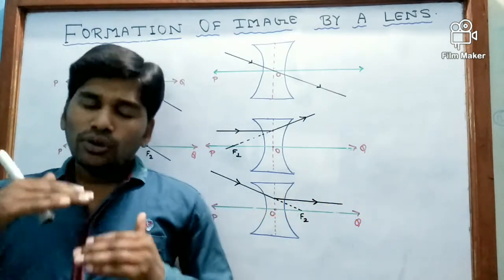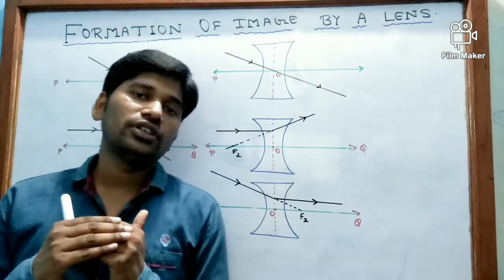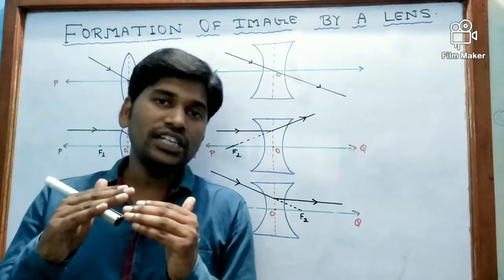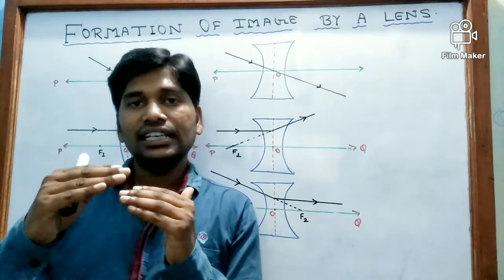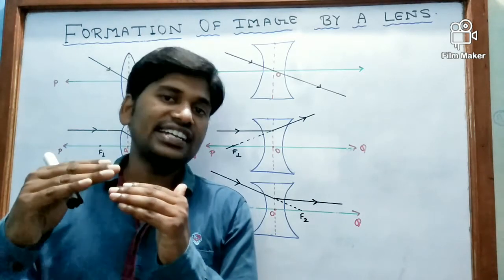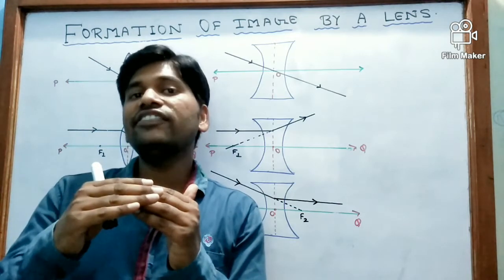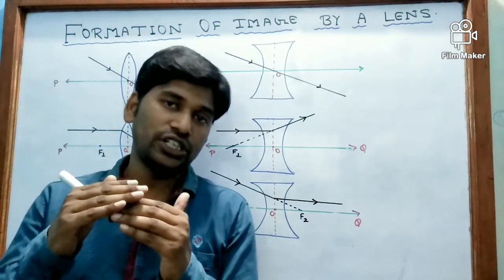So now let us see where the image will be formed. The image is formed at a point where the refracted rays actually intersect after refraction or appear to diverge from that point.